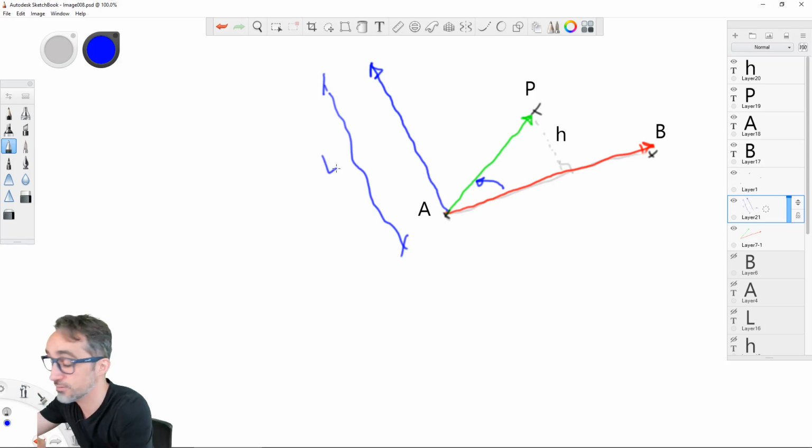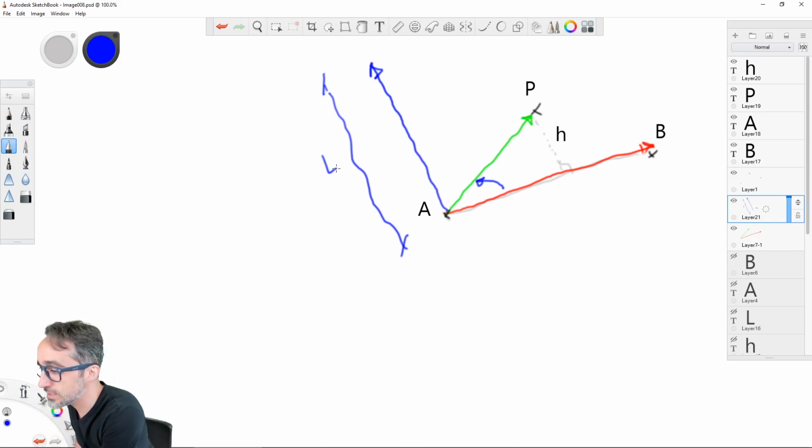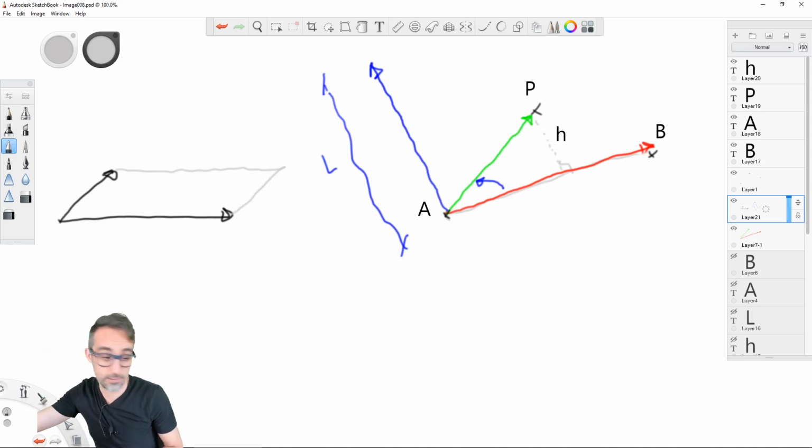the length of the cross product, and I'm going to make another diagram next to it, is equal to the following. If we have these two vectors in the plane that they form, they form a parallelogram like this.